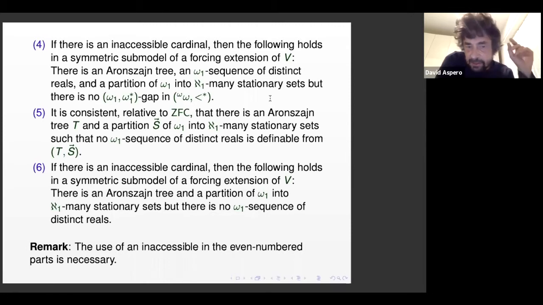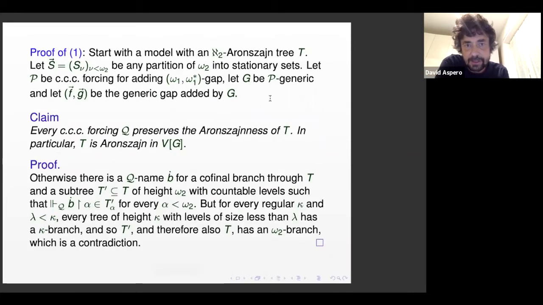And the use of an accessible kernel in the even-numbered parts is actually necessary. So these are equiconsistencies. Let me give an example of how you would prove these things. As I said, the arguments are quite soft for this kind of separation.